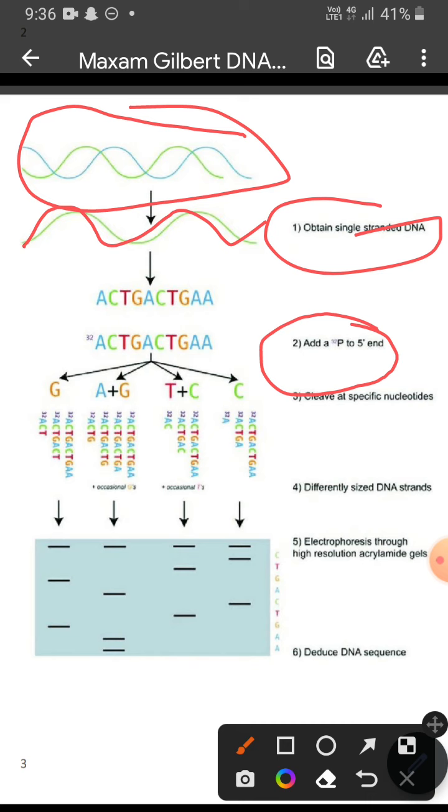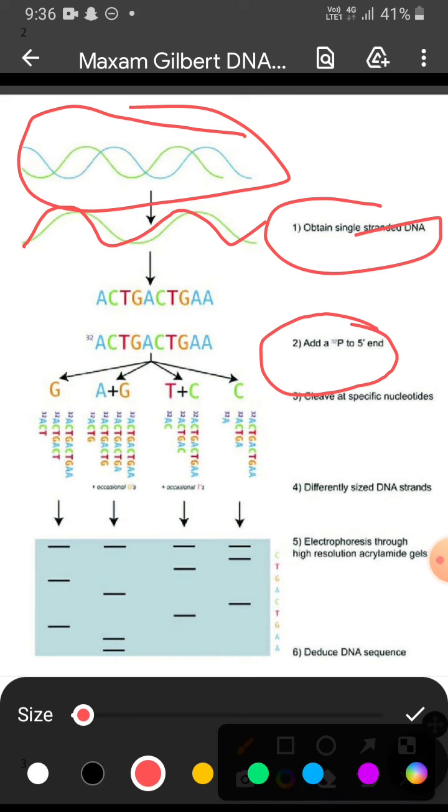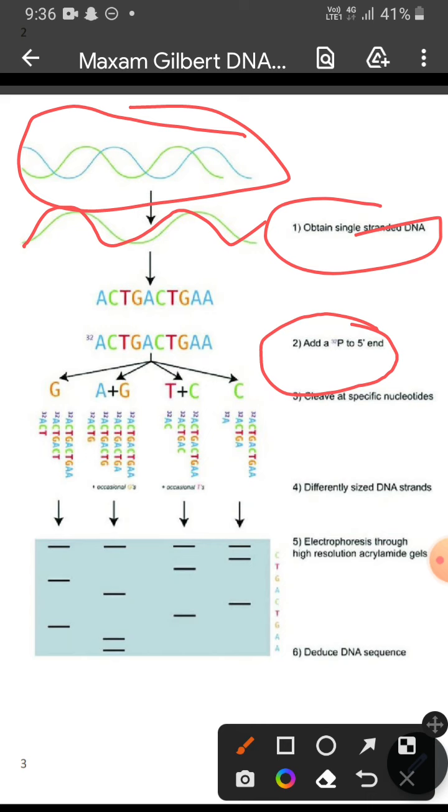How can we add it? We can add radioactive P32 by using terminal T4 polynucleotide kinase. If radioactively labeled P32 containing ATP is in your system, this T4 polynucleotide kinase will simply snatch the phosphate from that ATP and attach it to the 5' end of the single stranded DNA molecule.